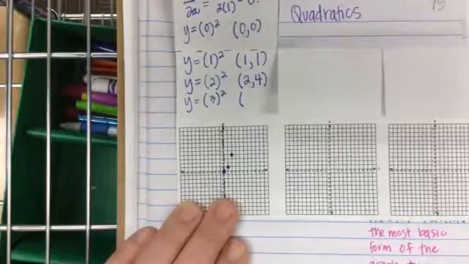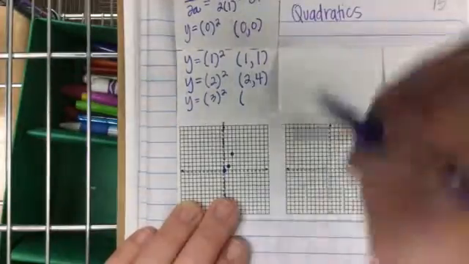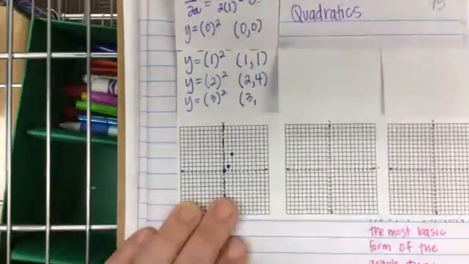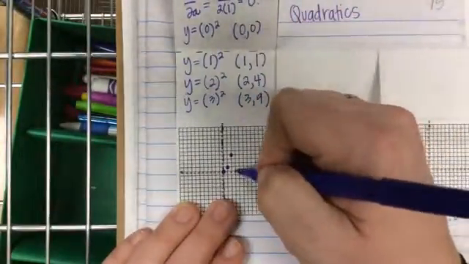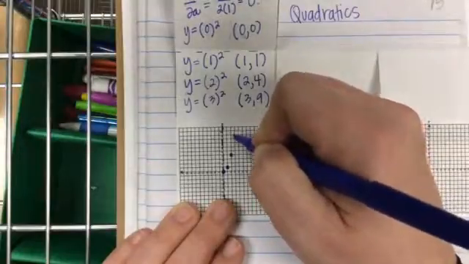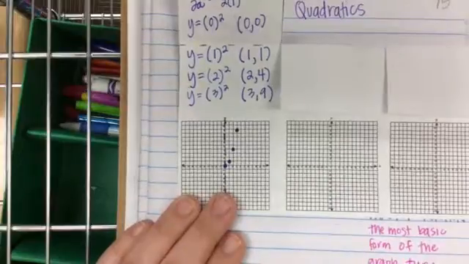After all, this is the parent function, right? It's the best version of a quadratic. So what's my ordered pair for 3? 3 what? 3, 9.